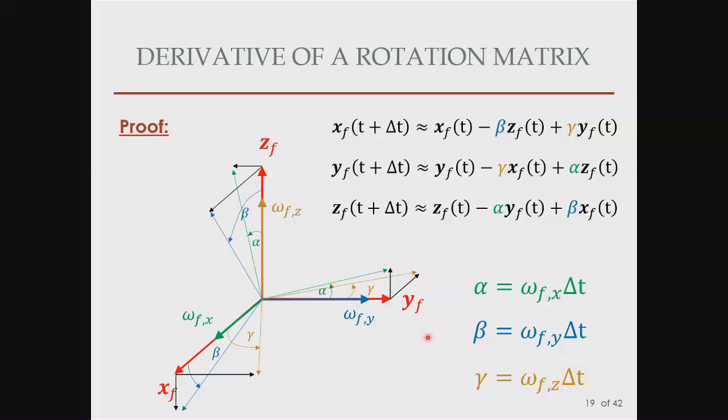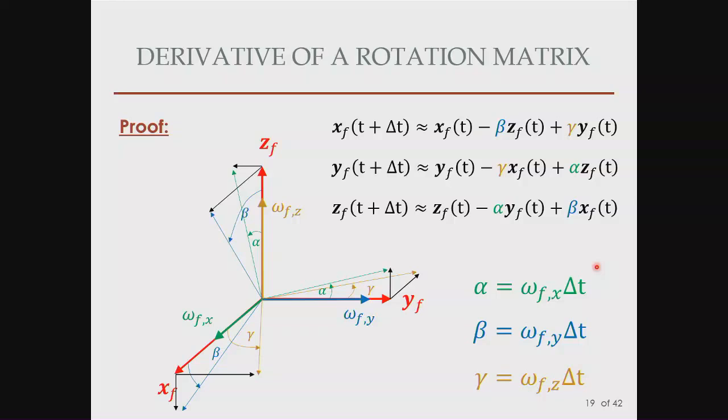We are going to look at the derivatives of these axes, by which I mean how they change with time. So I'm looking at some delta t, and in order to get the derivative, I'm going to approximate this delta t in the limit that it goes to 0.